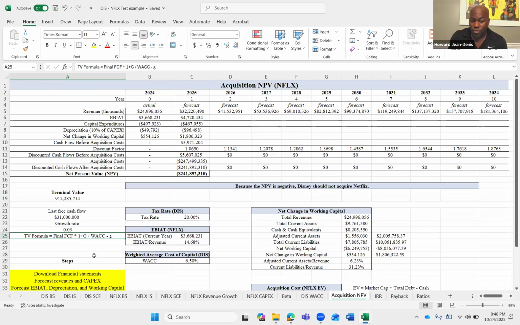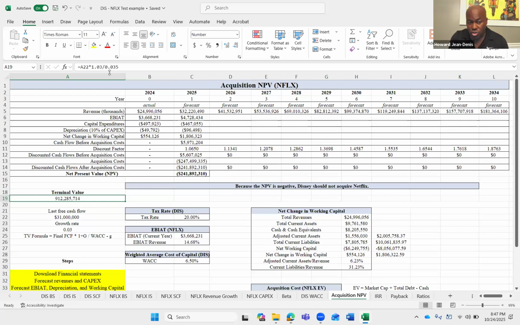So looking at the actual numbers for this deal, we see that the last free cash flow, which was already calculated by our team, is 31 million. So if you see this number here, right, and you put it into the formula, you get this terminal value. That's basically 31 million multiplied by 1 plus the growth rate, 1.03, divided by the WACC, which is 0.065 minus 0.03, right?